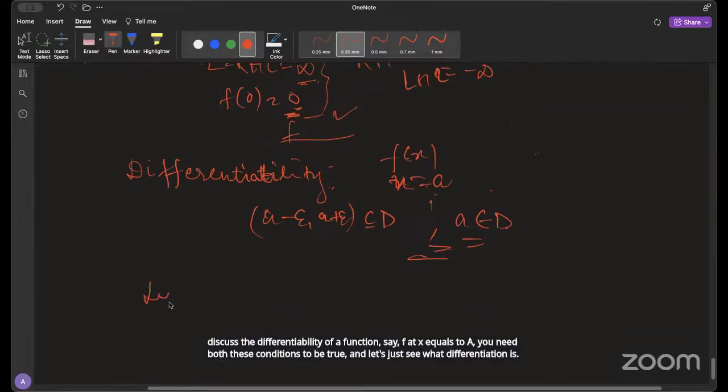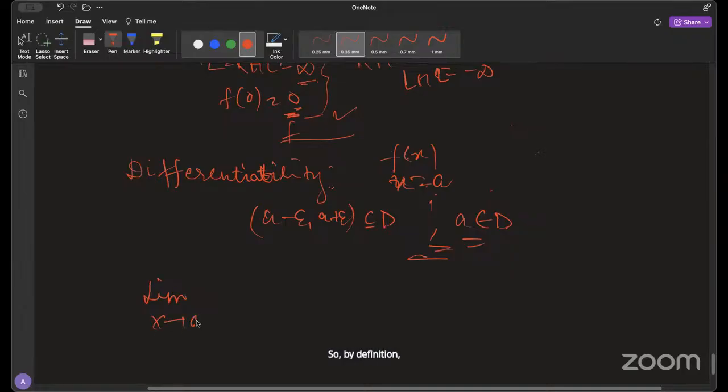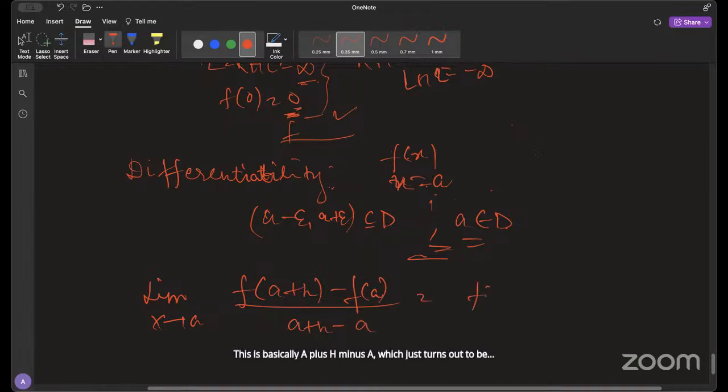So by definition, we say that at x equals a the function is differentiable if this, which is basically a plus h minus a, just turns out to be this thing.